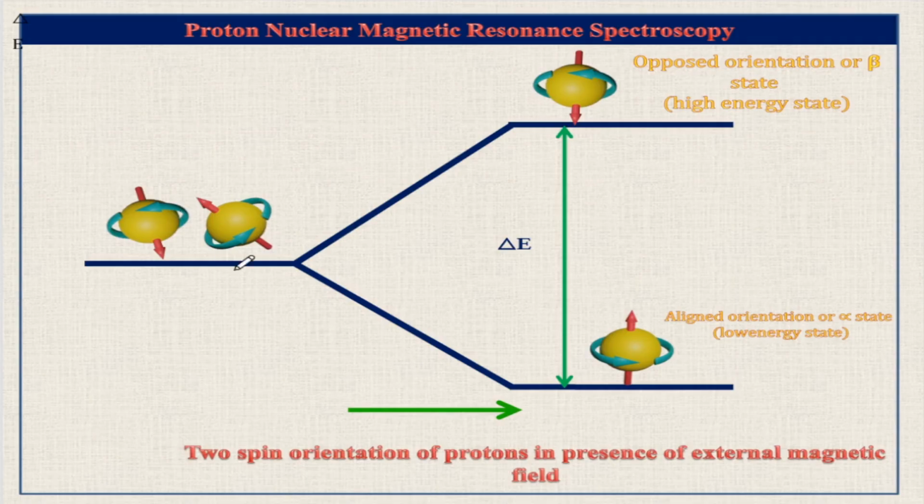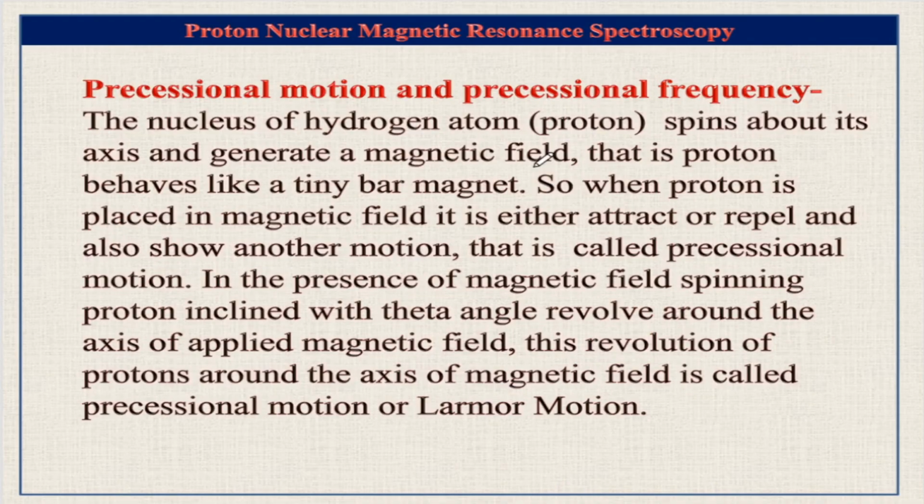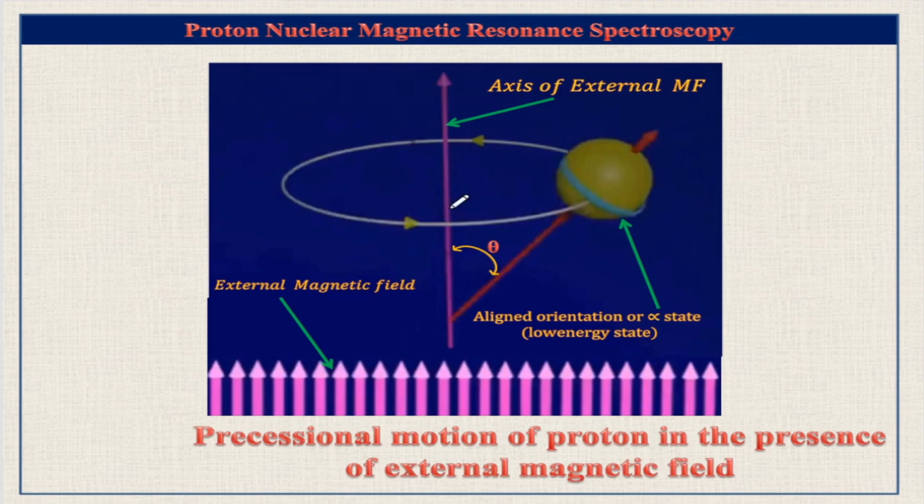With no magnetic field, protons spin randomly. In the presence of a magnetic field, they go into the aligned state, the low energy state, and the opposed state, that is the high energy state. And also, there is a type of motion called precessional motion. What is precessional motion?